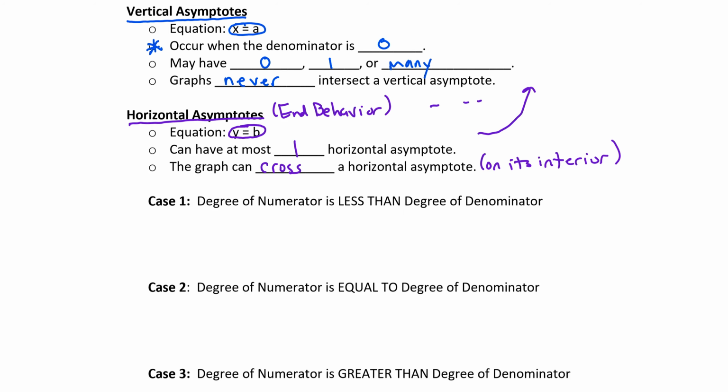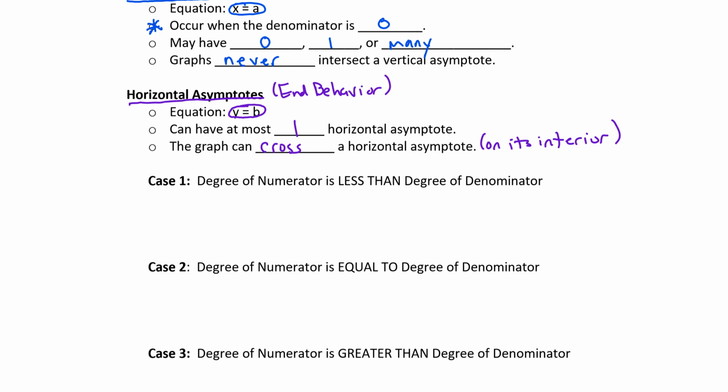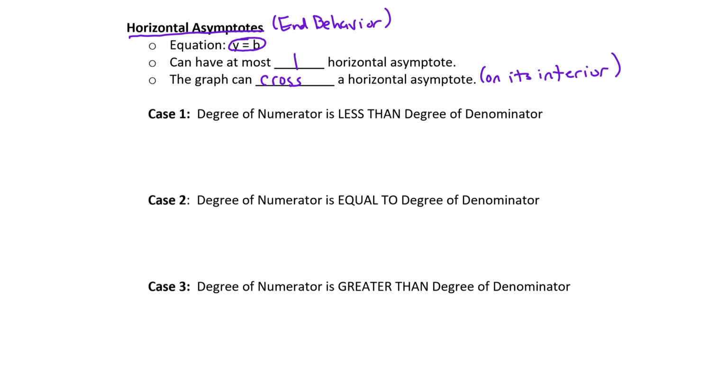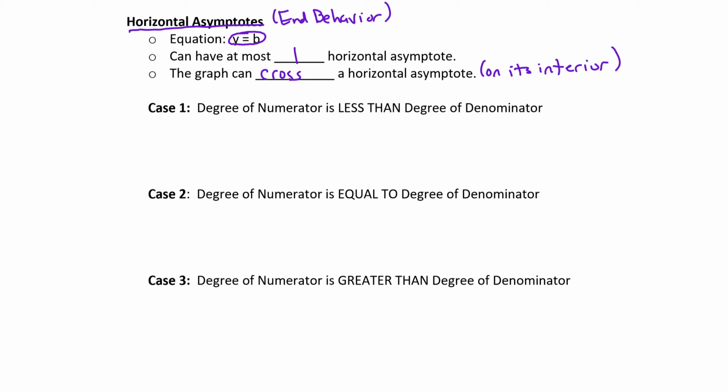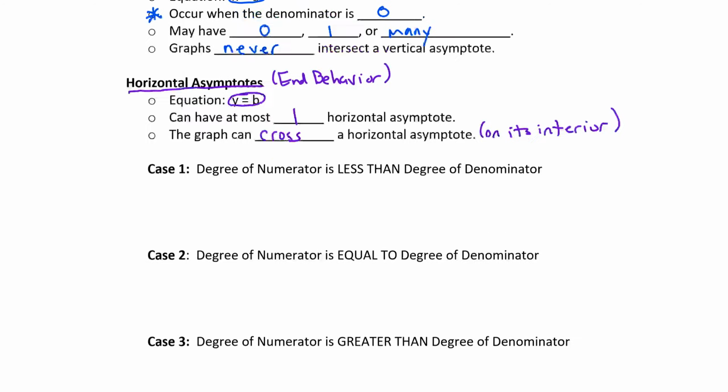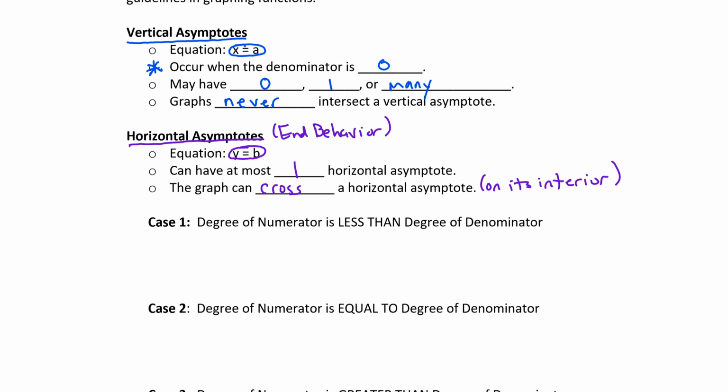So horizontal asymptotes are a little different from verticals in the fact that your function may cross a horizontal asymptote on its interior. So don't be alarmed if you see that happen. It does happen sometimes. Now, the way we find horizontal asymptotes is completely different from the way that we found our vertical asymptotes. Remember, to find a vertical asymptote, we're looking at where the denominator is equal to 0.